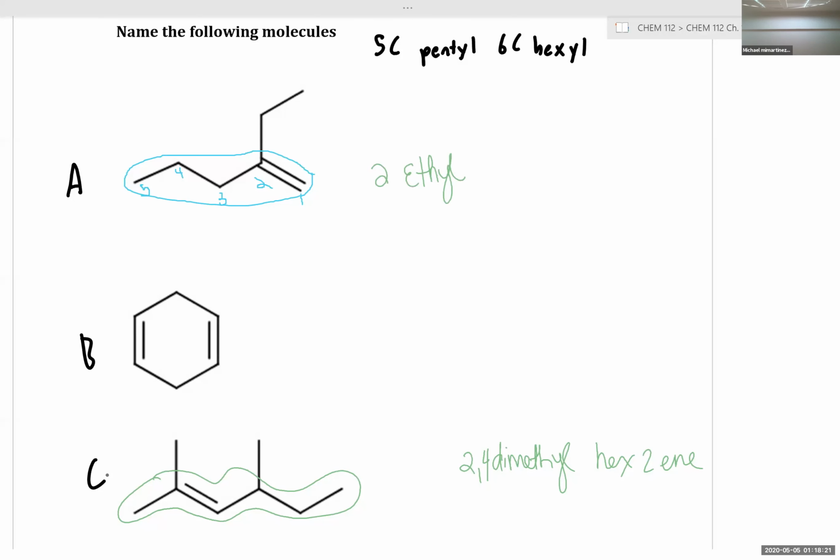Yep, I see a lot of reasonable responses so far. I would just check the carbon locant numbers proposed for structure B. But otherwise, I'm seeing a lot of reasonable responses. Let's try to get a few more responses for structure B, and let's try thinking about the carbon locant numbers for the diene.